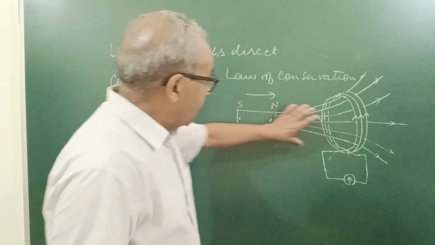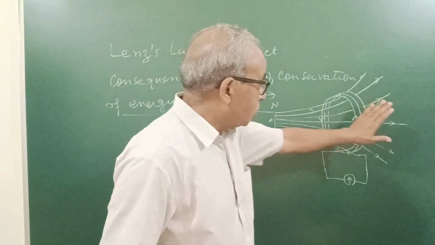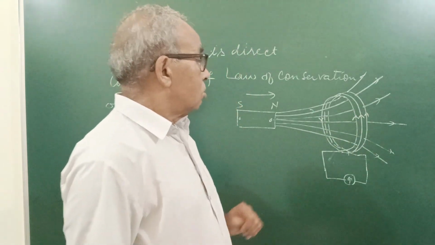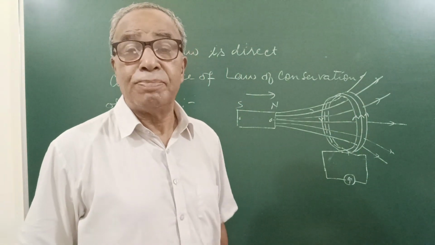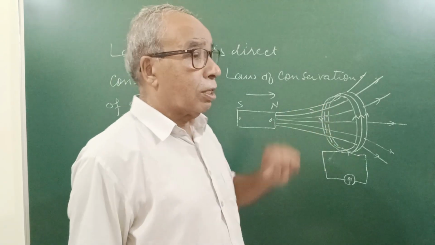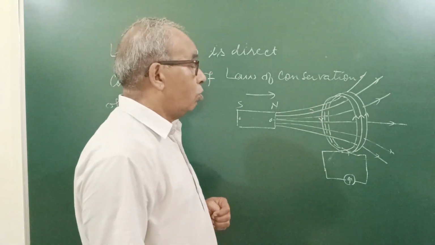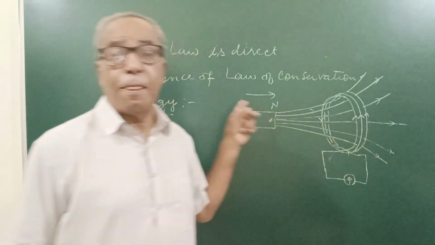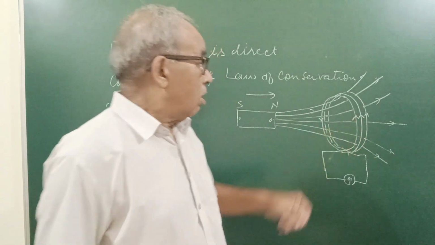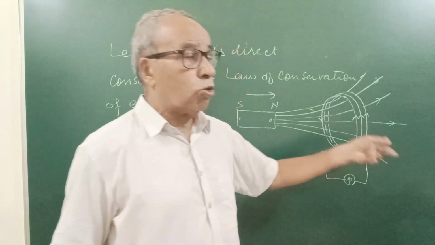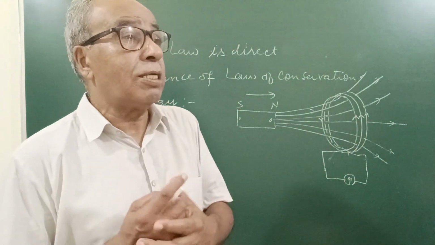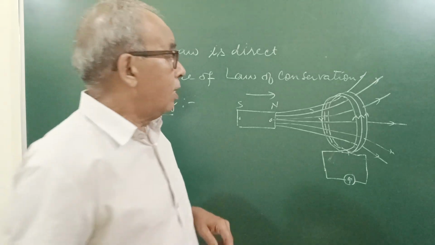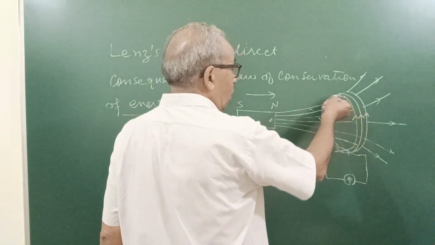Because the movement of the magnet toward the loop is increasing the magnetic flux, this flux should not increase. So the induced current in the loop should be such that it produces a magnetic field opposite to the direction of the field due to the magnet, so that flux remains constant. And hence current should flow anti-clockwise here.